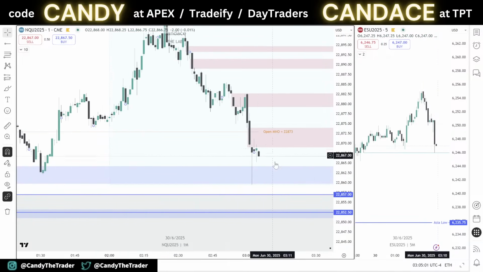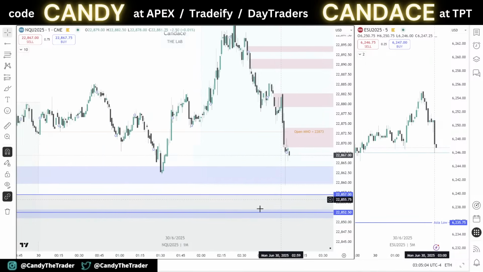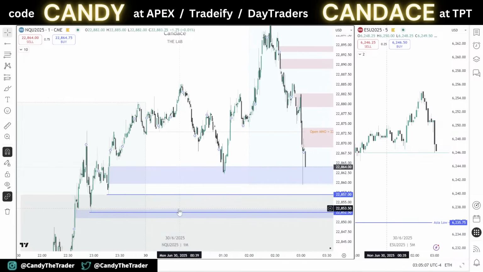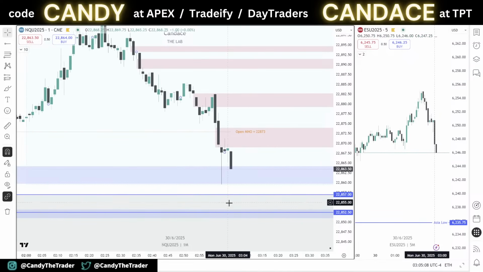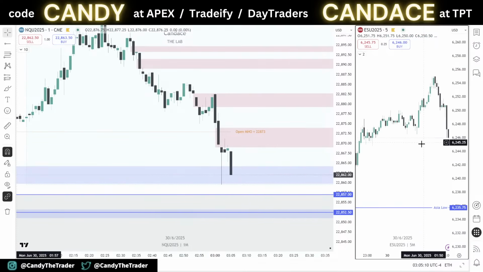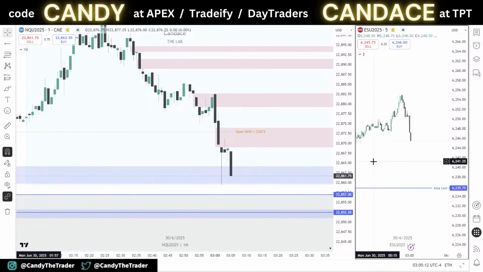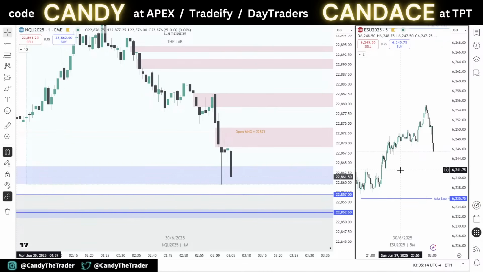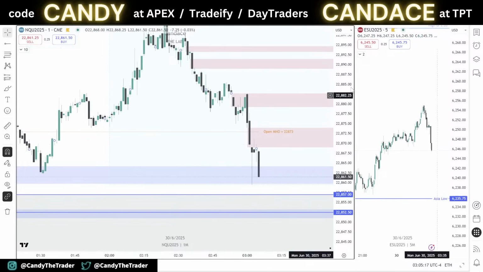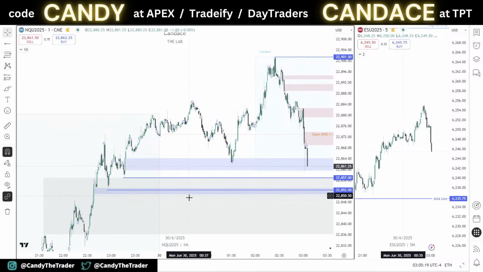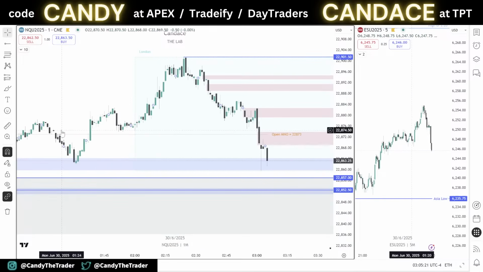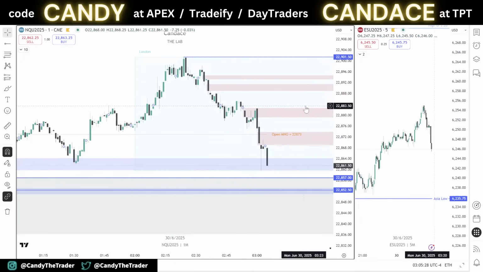We're going to see if it keeps going down because we still have some liquidity here and also a 1 hour average. If it goes straight to the Asia low, I'm not going to take any short position. I'm just not looking for counter trend trades.